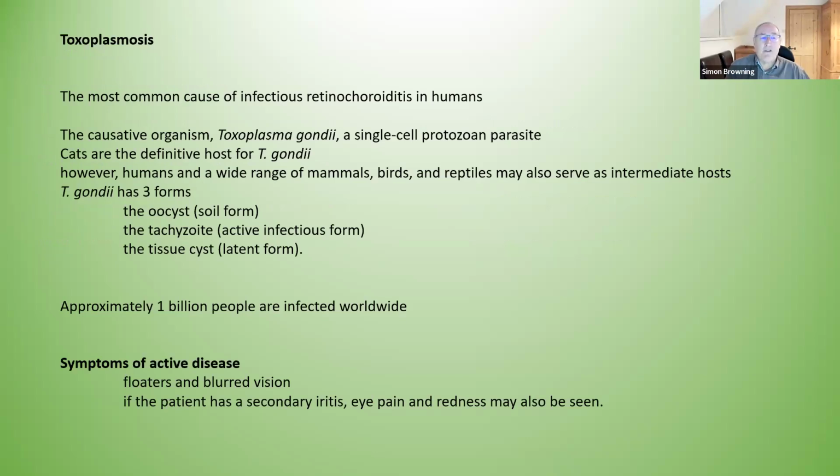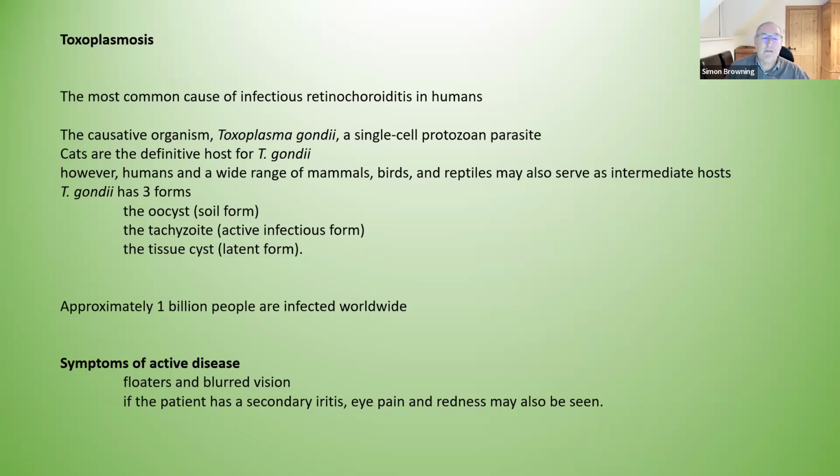Connected very much to cats. Cats are the definitive host for the toxoplasma organism. But this is the tie-up with dogs as well, and the whole thing about picking up dog's muck and things like that. This is the reason why we do these sorts of things.